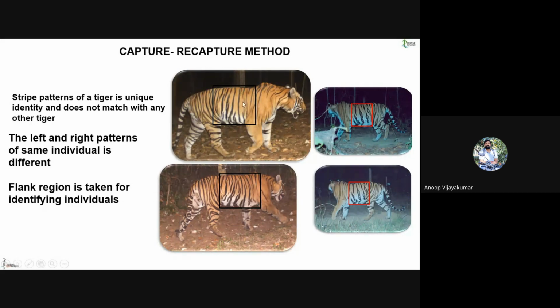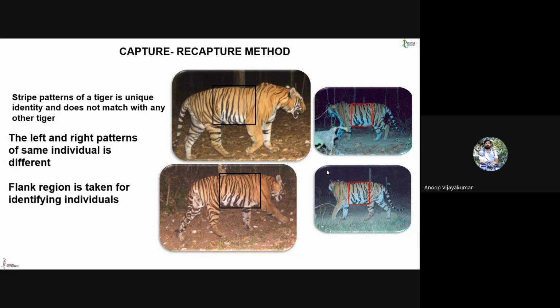The stripes differ between individuals, and also the right side and left side of a single individual have different stripe patterns. That's why we want photos from both sides, and why we keep two camera traps perpendicularly. When a tiger walks between the two camera traps, we get images from both.